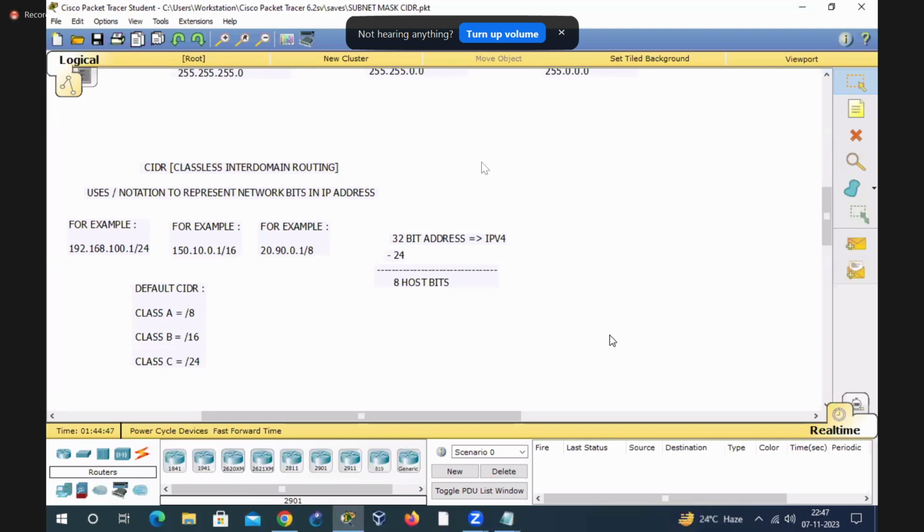Next class C, 192 to 223, is 192.0.0.0 to 192.157.255.255. In class D, 224 to 239, is 224.0.0.0 to 239.255.255.255.